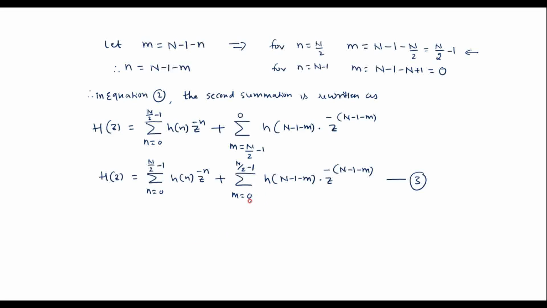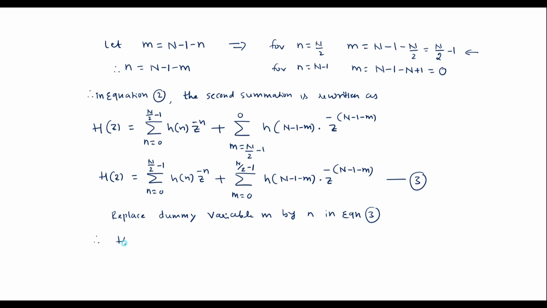So here, as we know, the variable m is a dummy, so instead of using the m variable, again I will make use of variable n, that is replace dummy variable m by n in equation 3.